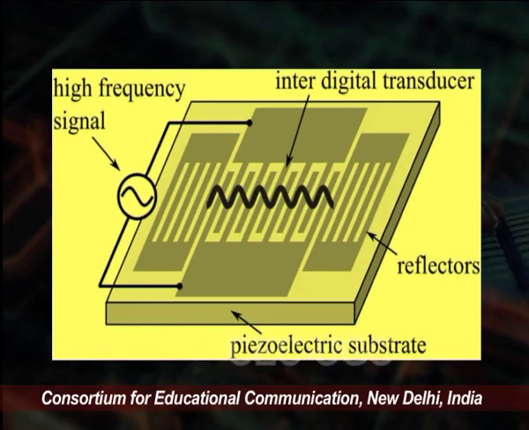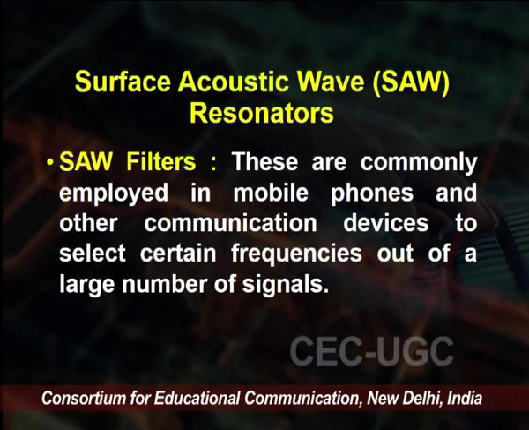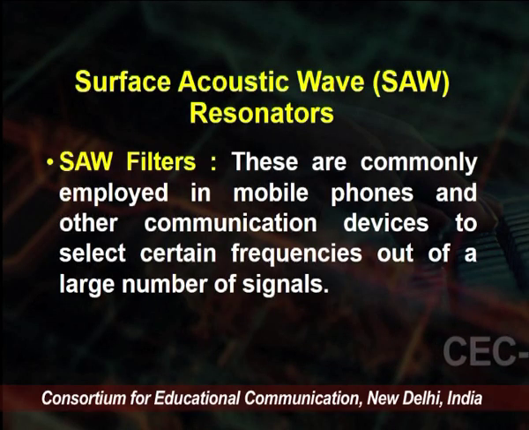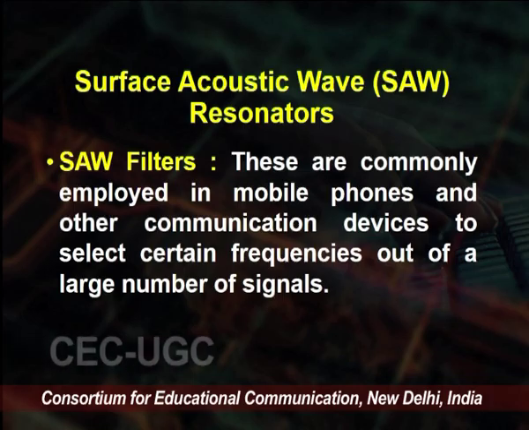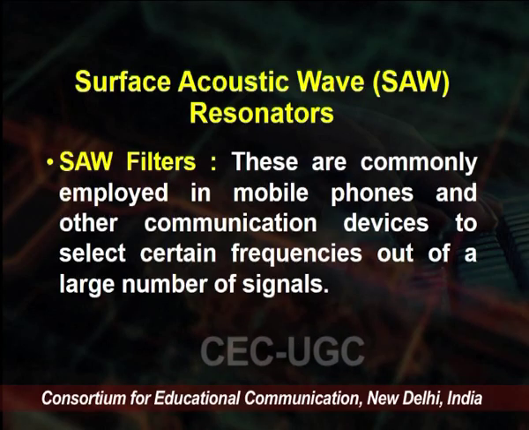On the right hand side we have a reflector, interdigital transducers we are using, and a piezoelectric substrate. These resonators are prepared on the piezoelectric substrate. So these are commonly employed in mobile phones and other communication devices, to select a certain frequency out of the large number of signals.